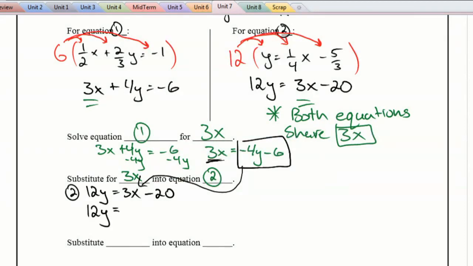So instead of writing 3x, I'm going to write negative 4y minus 6, and then I'm going to take away 20. So I've just substituted negative 4y minus 6 in where there was a 3x. Change that color to make it a little bit more obvious.